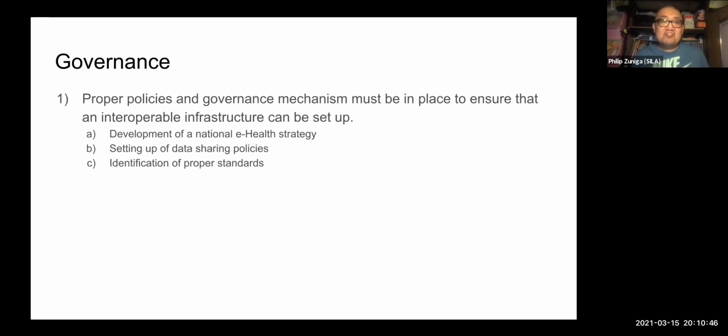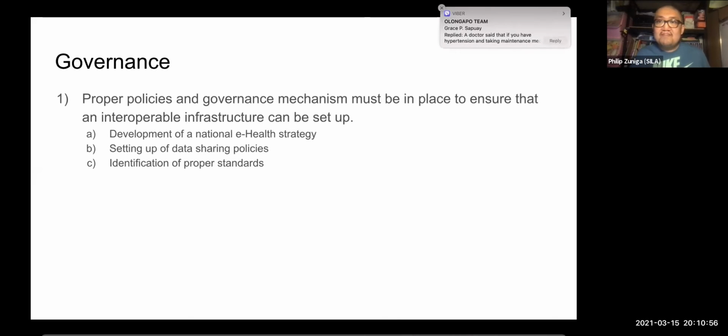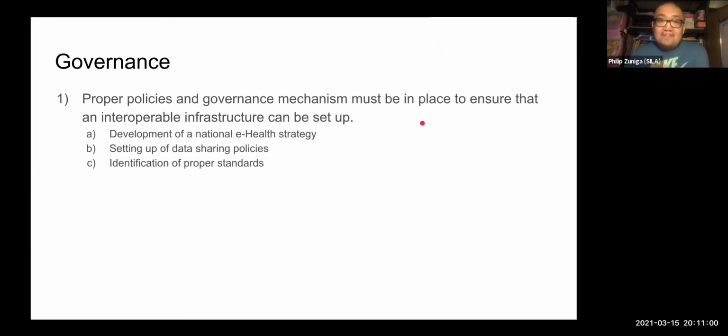Of course, number one, there's governance. There should be proper policies and governance mechanism that will be set up to ensure that an interoperable infrastructure can be set up. So part of that governance is number one, development of a national e-health strategy.